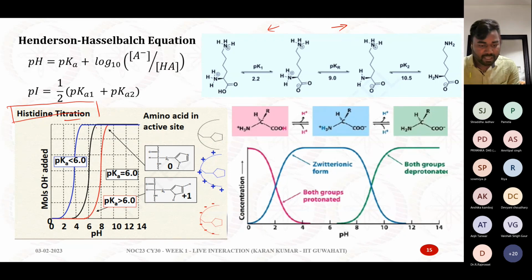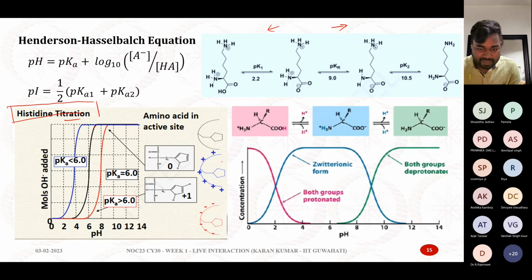It ranges in the physiological pH, more closer to the physiological pH. Because of that, depending on the type of amino acids surrounding the alpha carbon of histidine, it changes its pI value. The black line represents the normal case, the single histidine compound.